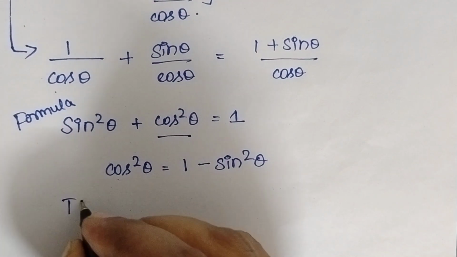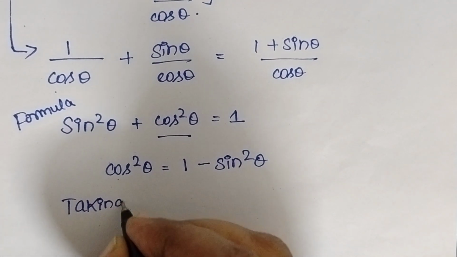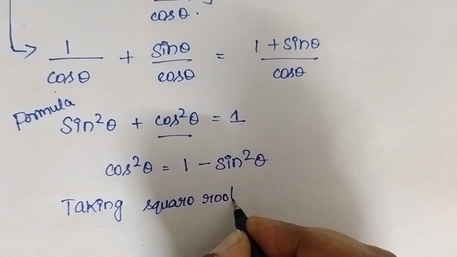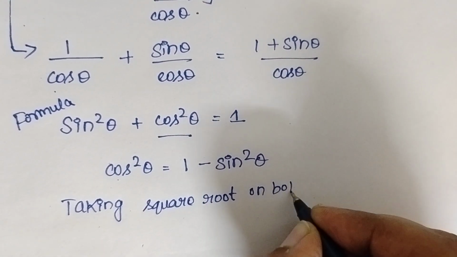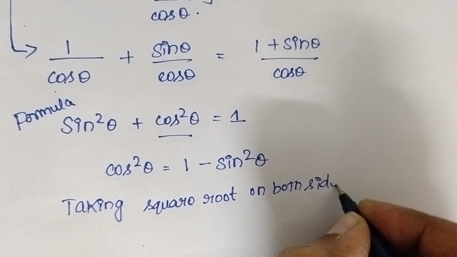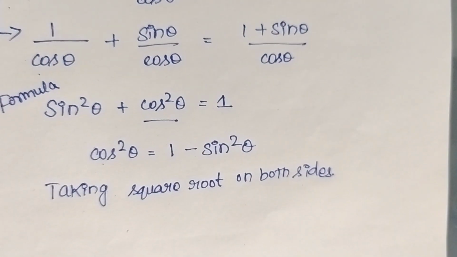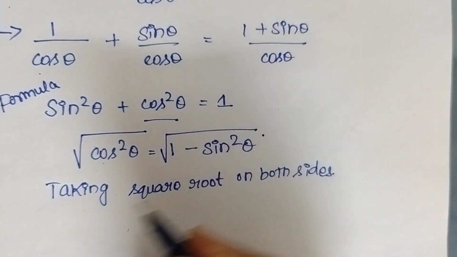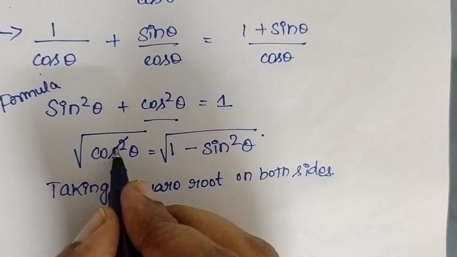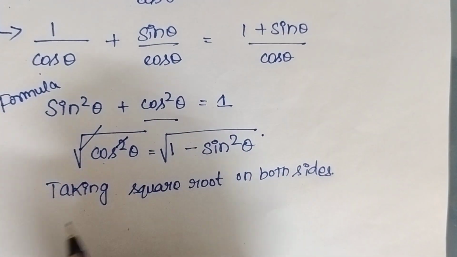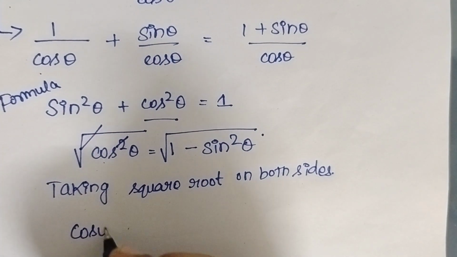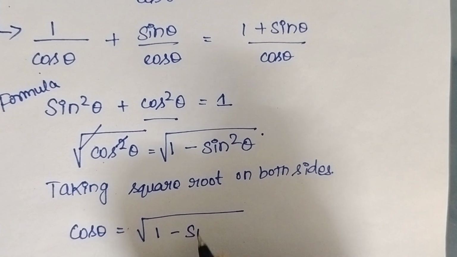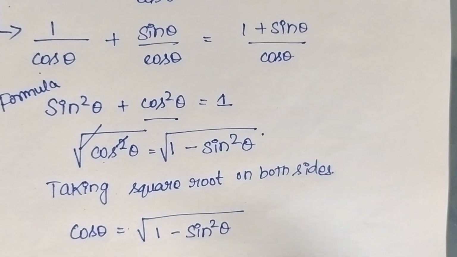So now, taking the square root on both sides, the square and root get cancelled. Therefore, cos theta is equal to root of 1 minus sin square theta.